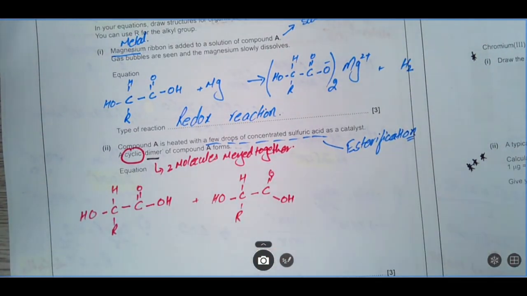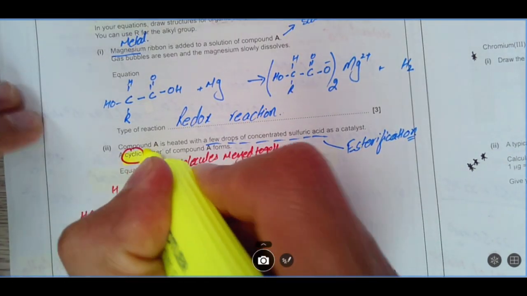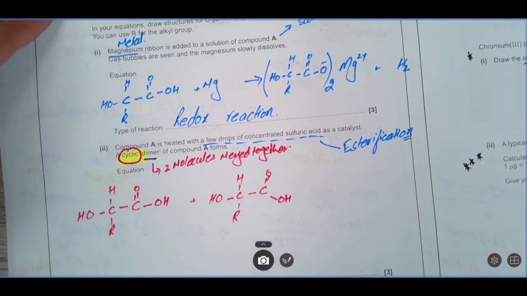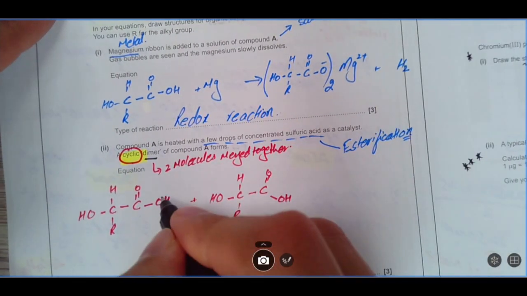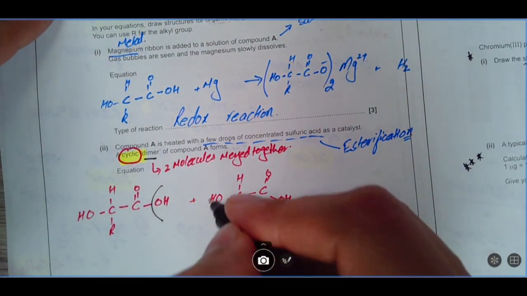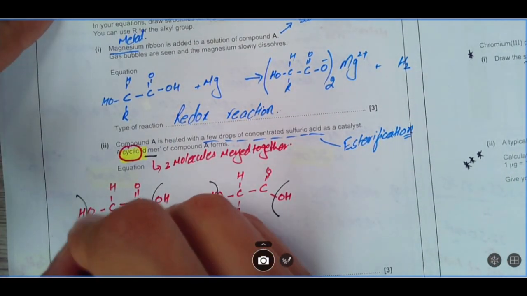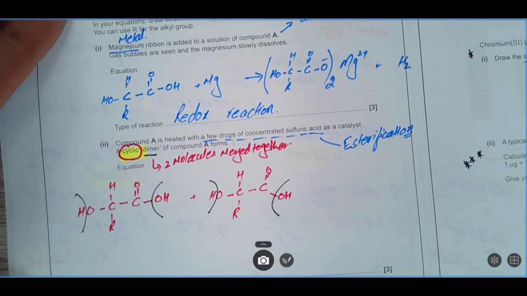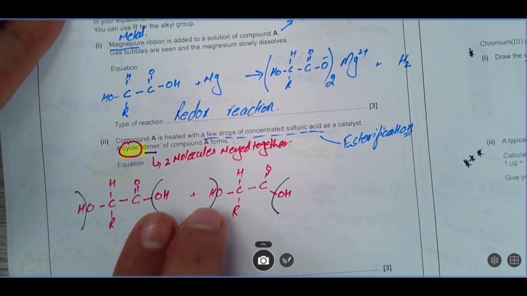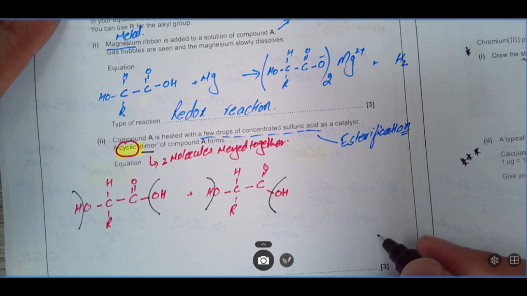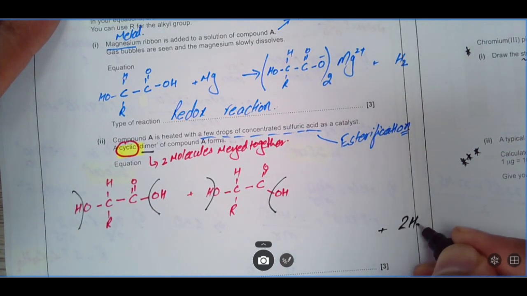Now it does say it is a cyclic dimer. Cyclic means it has to become a molecule which will be closed in shape. So this will go from here, this will go away from here. So how many molecules of water will I have? A molecule from here, a molecule from here. So I can straight away say it will produce 2H2O.